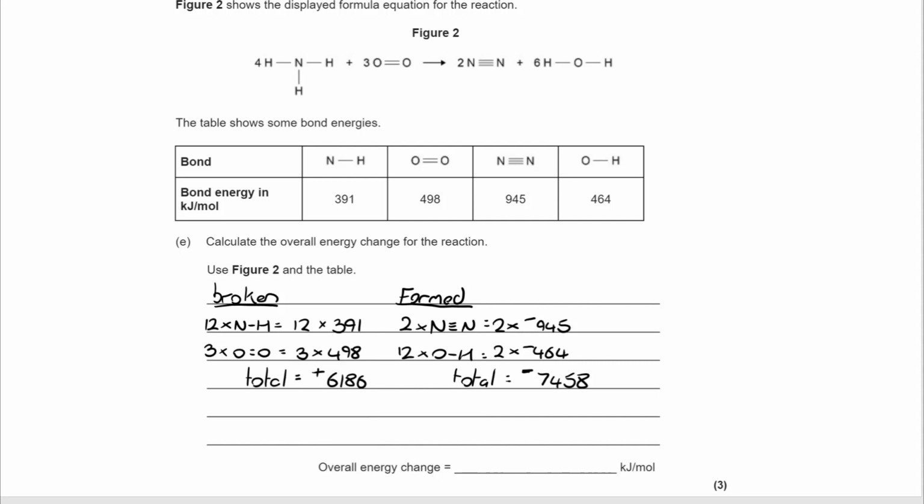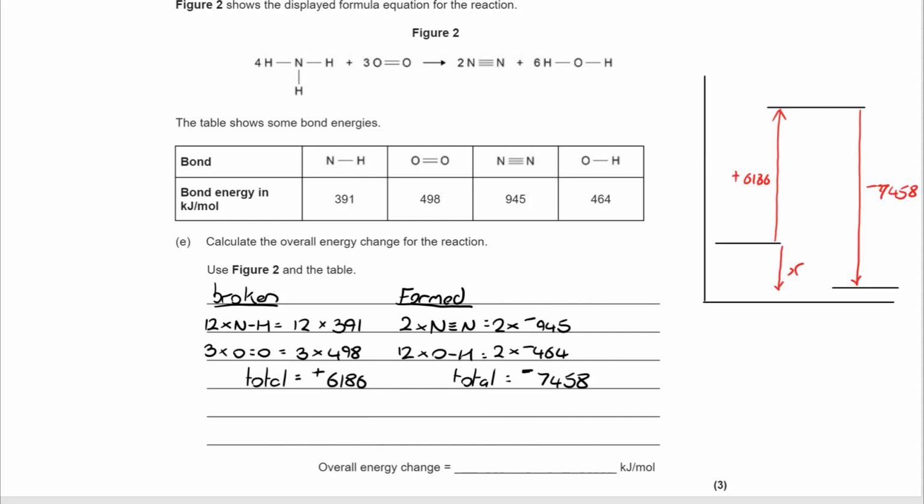Now for the final section of this, I'm going to actually put in an energy profile diagram so we can see how we get to the final answer. I've got my positive value going from the reactants up to that point when all of the bonds are broken, and I've put my negative value in down to the products. My overall energy change is therefore the overall sum. So I'm going to add together the 6186 and the negative 7458, taking me to a value of negative 1272.